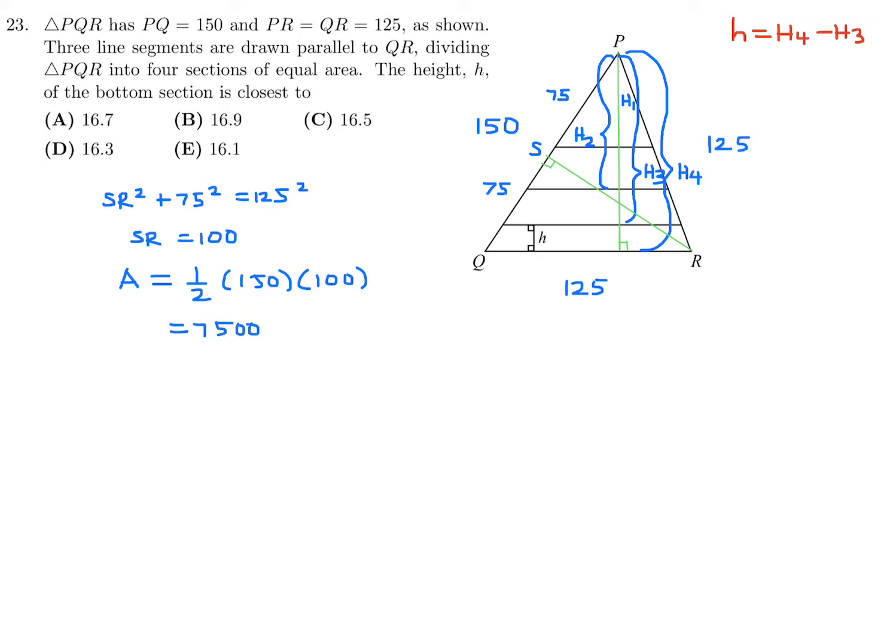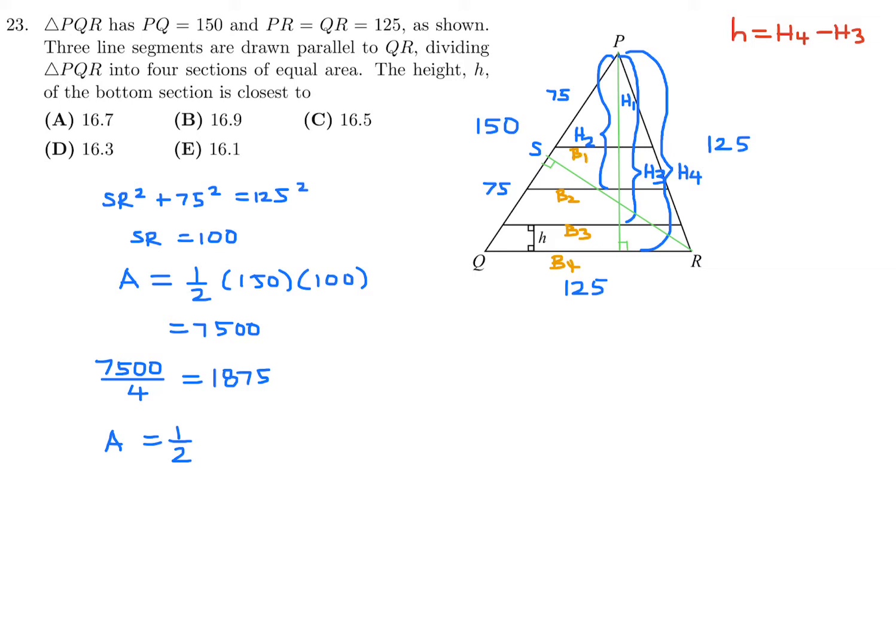That's very important because those 4 sections of equal area each have 7,500 divided by 4 as their area, which is 1875. All right. So we can now easily figure out H4, that top to bottom. I'll call this base B4, this base B3, this base B2, and this base B1.